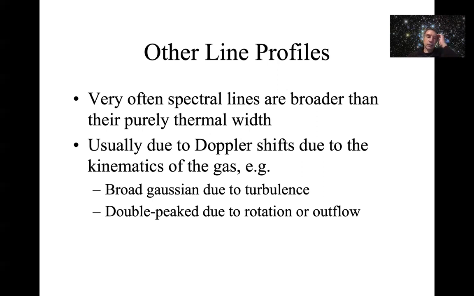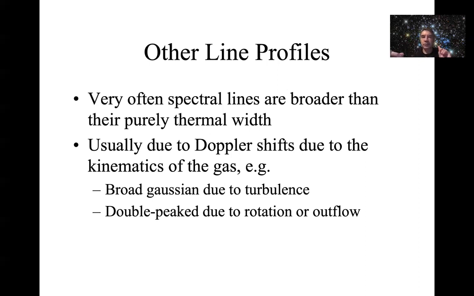Okay. Now, classic line profiles that you might see are ones that are double peaked. Okay, so instead of a single peak Gaussian, you might have two peaks. This could be due to the whole cloud that you're looking at rotating, so that one side is Doppler shifted towards you and the other side is Doppler shifted away from you.